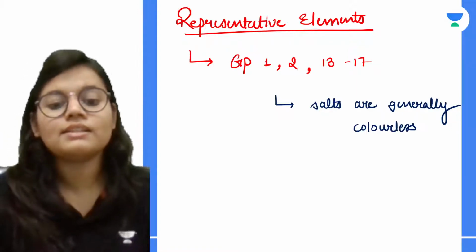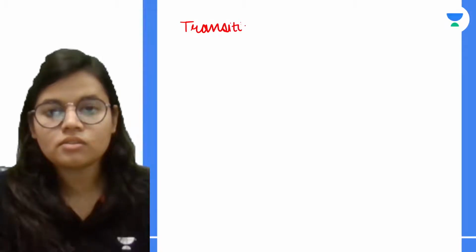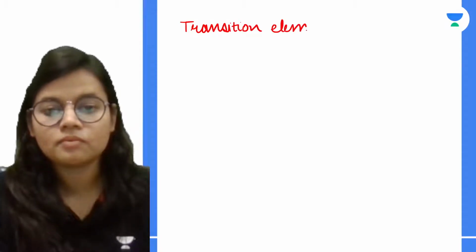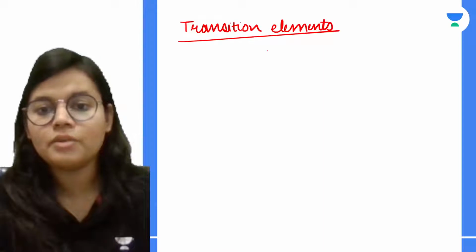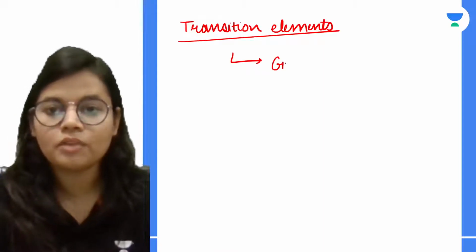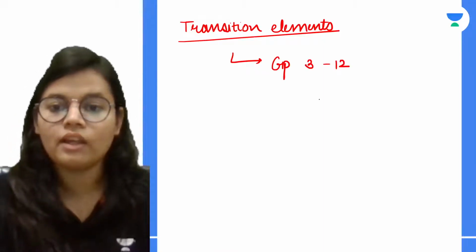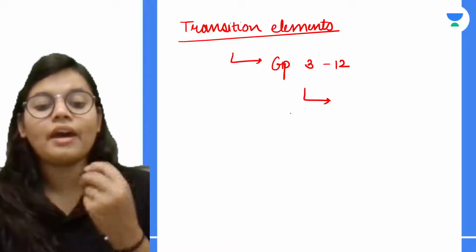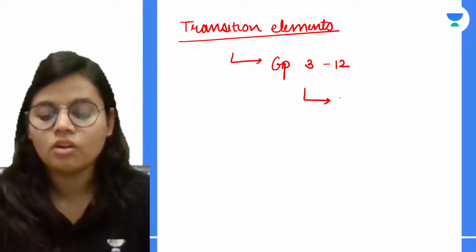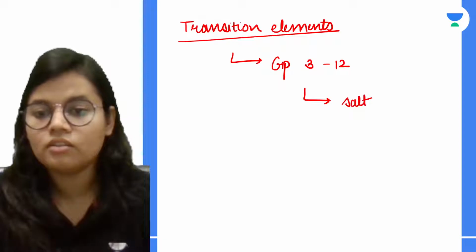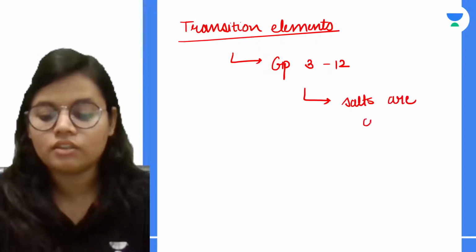Okay. The second category we are having is of the transition elements. The transition elements are present in group number 3 to 12, and they are having colored salts. Okay, so salts are colored.